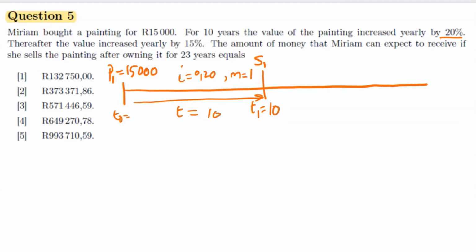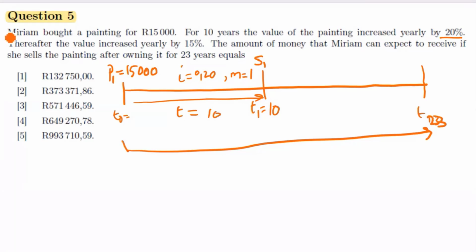Then we take a break and look. This thing continues because remember, you start from T0 and then you are running until T13. The total time of your investment is 23.